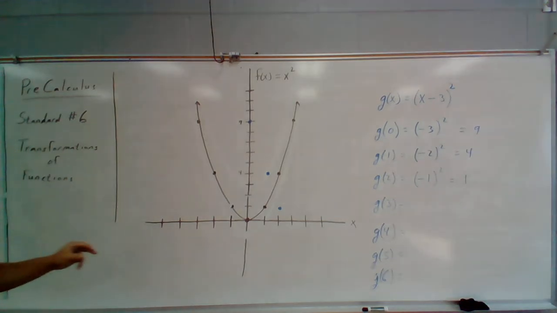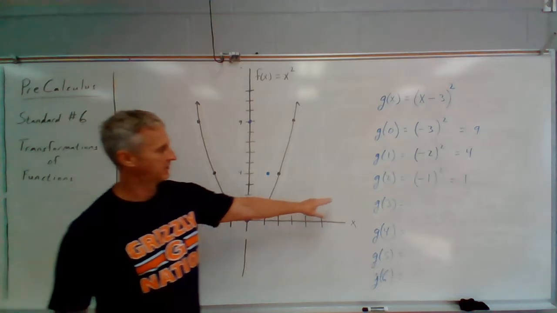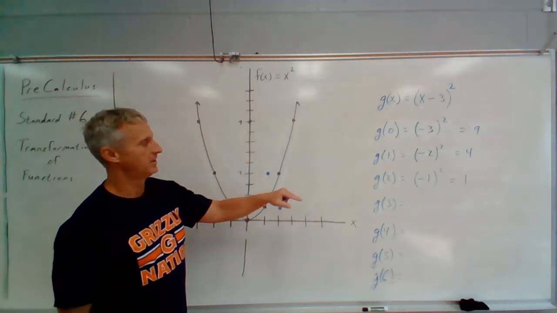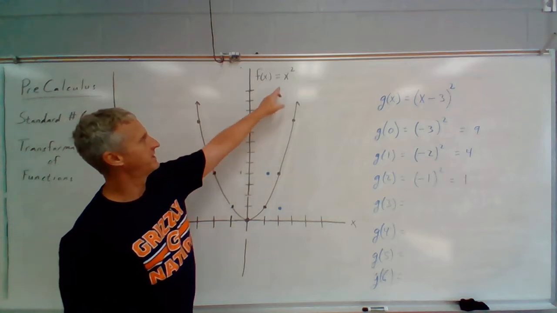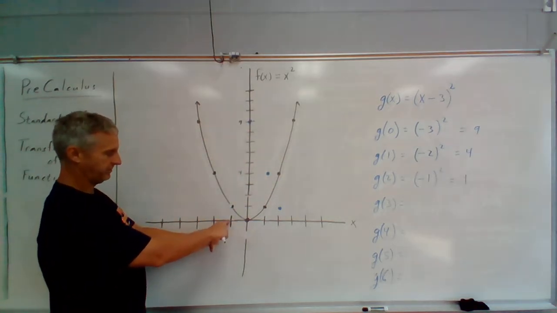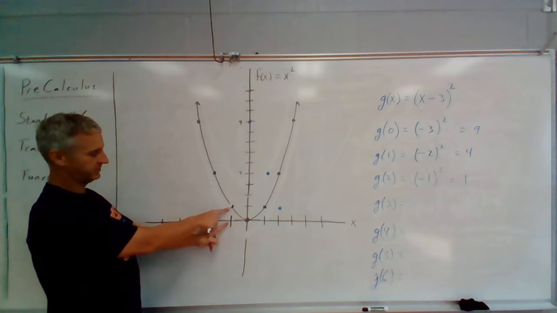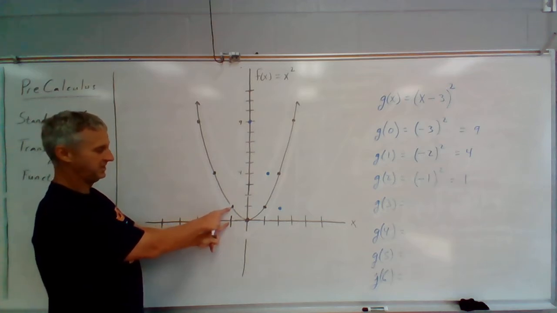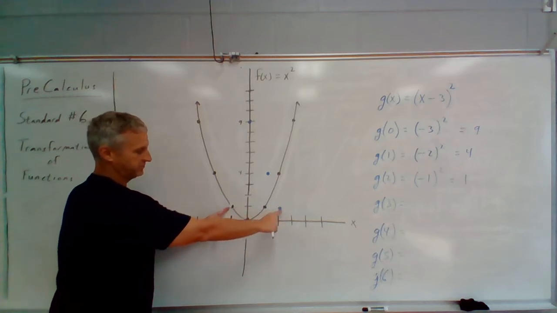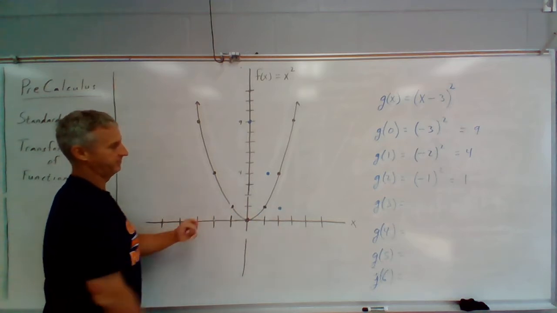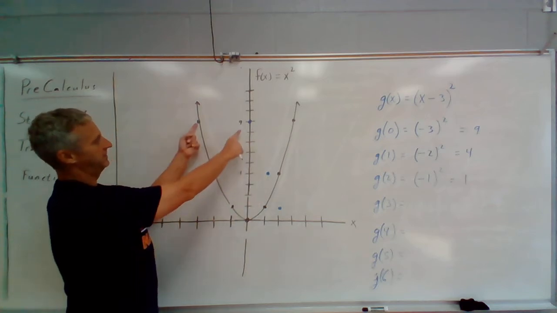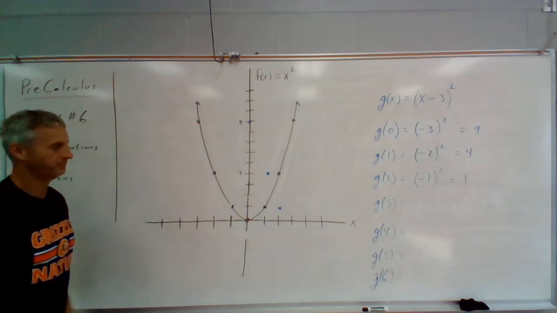All right, notice that when I plug in a 2 to the g function, it's the same thing as plugging a negative 1 into the original function. So this point here that goes with the negative 1 on the black function is the same as plugging a 2 into the blue function. So this point corresponds with this point. This point corresponds with this point, and this point corresponds with this point.